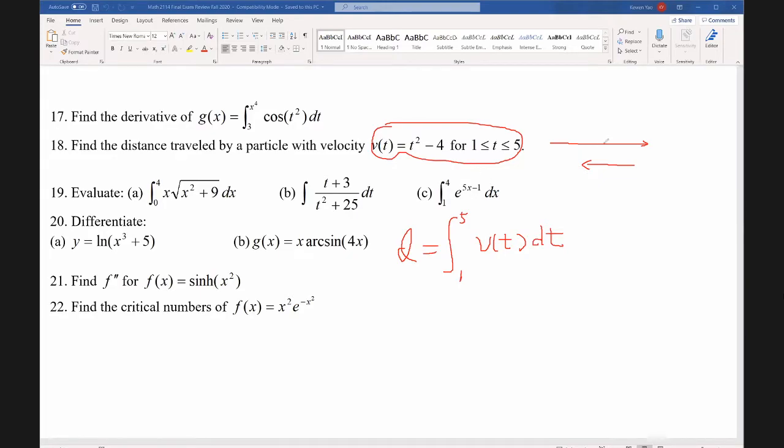So because the distance is always positive, we want to use absolute value to make sure that the distance will be positive. Otherwise, you will have negative distance, right? That does not make sense, right? So that's why we use absolute values here. Okay, so you can see that this is equal to the integral from 1 to 5 of the absolute value of v(t), which is t squared minus 4, right?